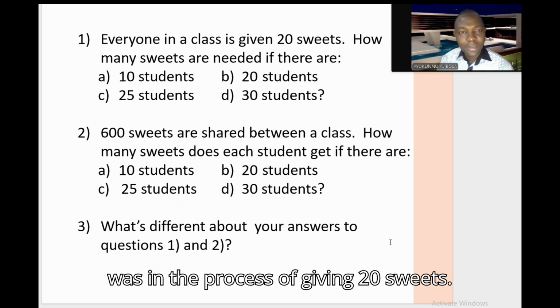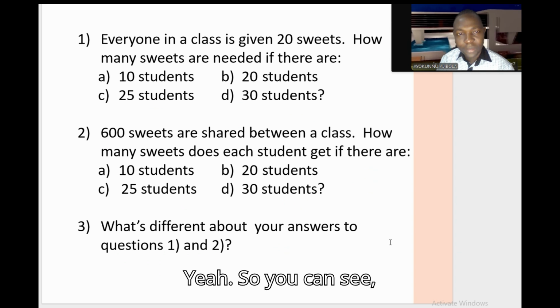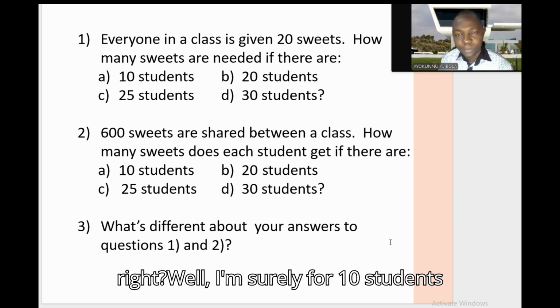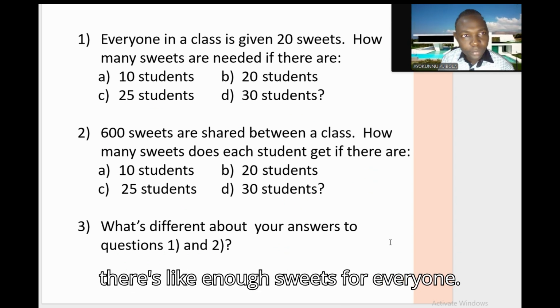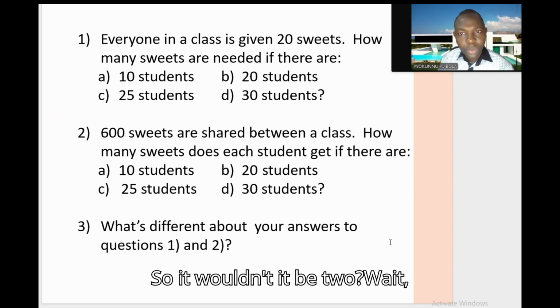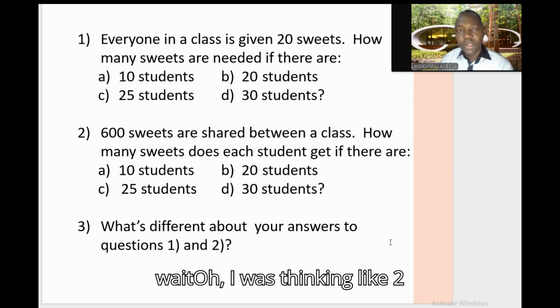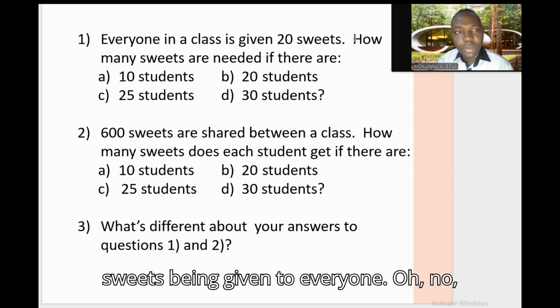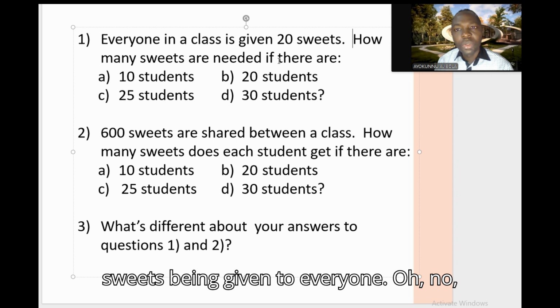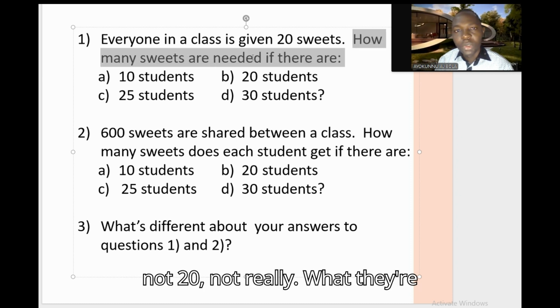Everyone in the class is given 20 sweets. But surely for 10 students, wouldn't it be two? I was thinking two sweets being given to everyone, to share out that 20. Not really.